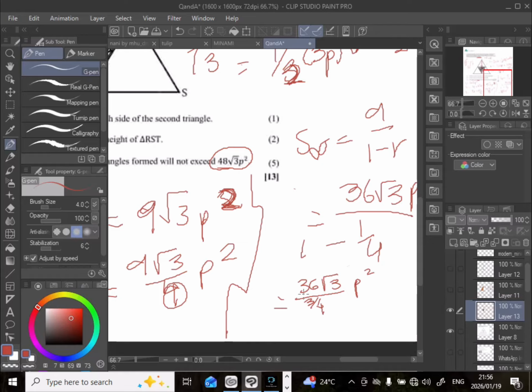Take your calculator and punch in 36 root 3 divided by 3 over 4. It will give you 48 root 3, so it's 48 root 3 p squared.